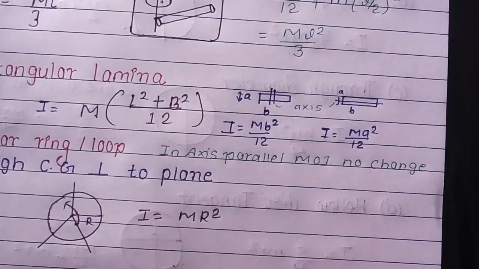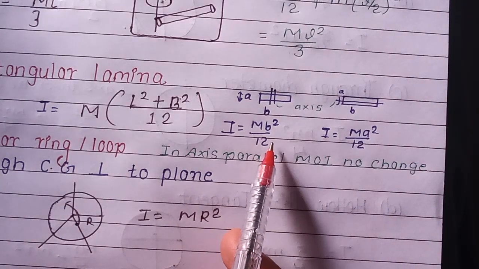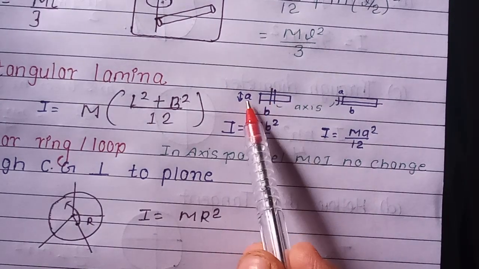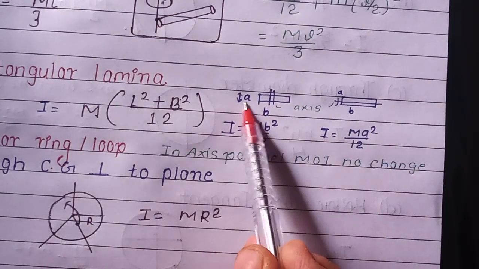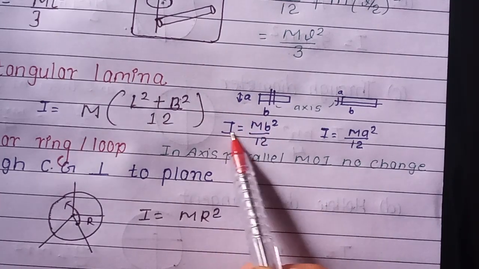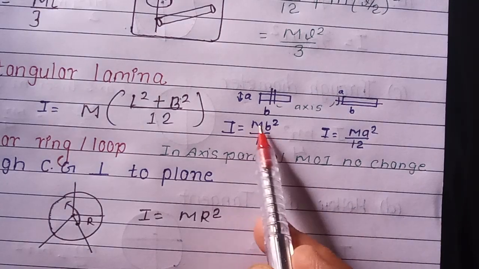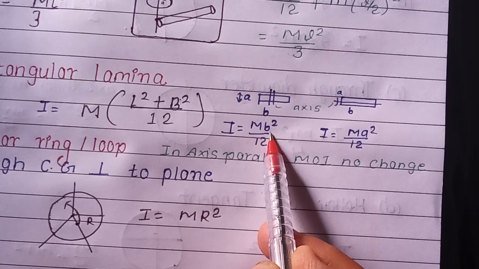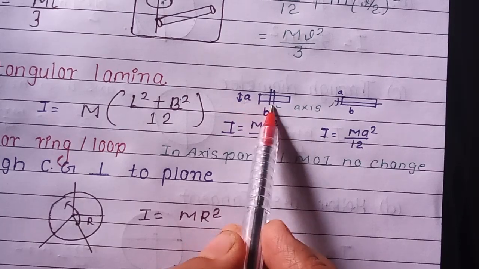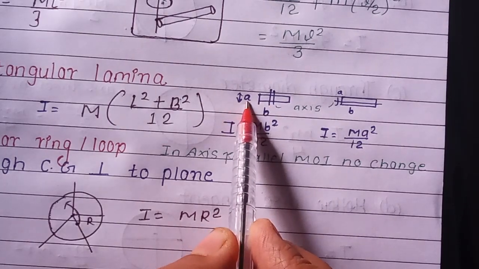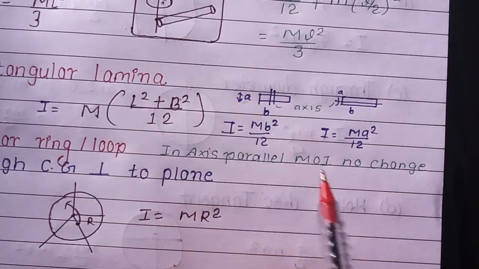But if the axis is parallel to a side, we only calculate where there is a perpendicular change, because moment of inertia depends on perpendicular distance times mass. Here there is no perpendicular change along the parallel side, so we cannot consider it to get the moment of inertia.